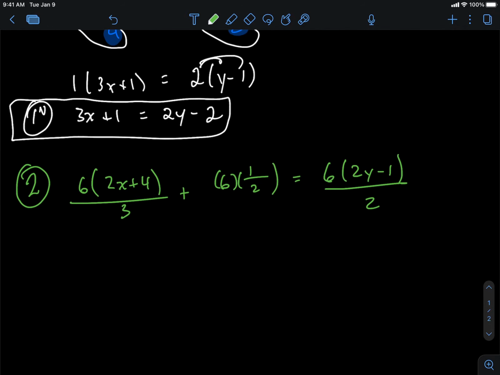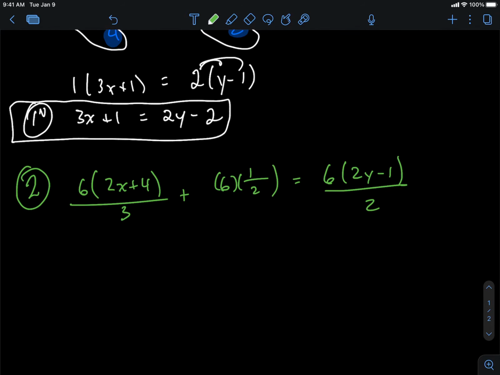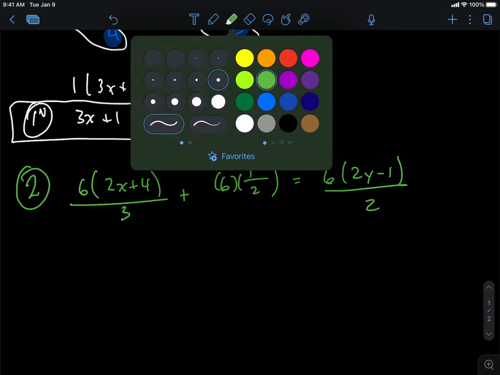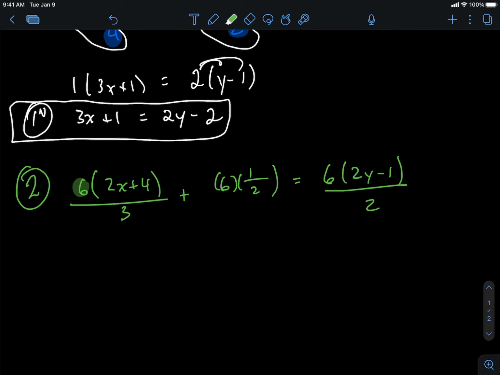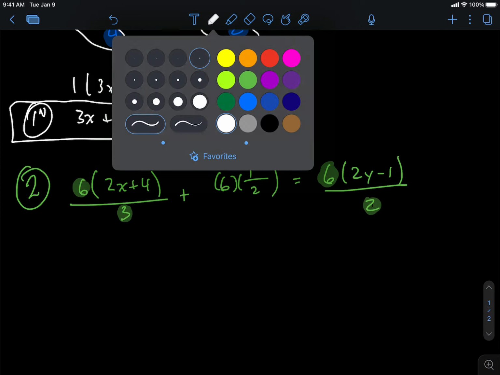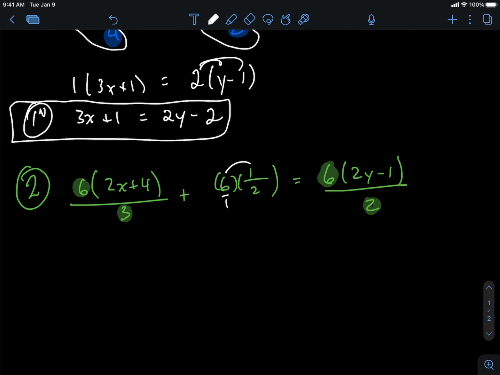Okay? Now, same thing, right? You can see here it's the entire top divided by 3, the entire top divided by 2, right? And when you multiply fractions, you remember top times top and bottom times bottom.